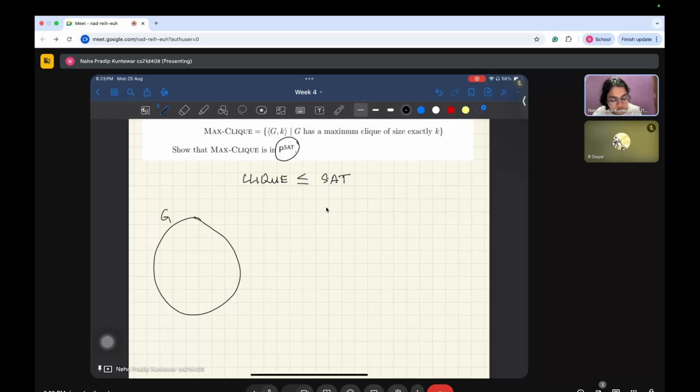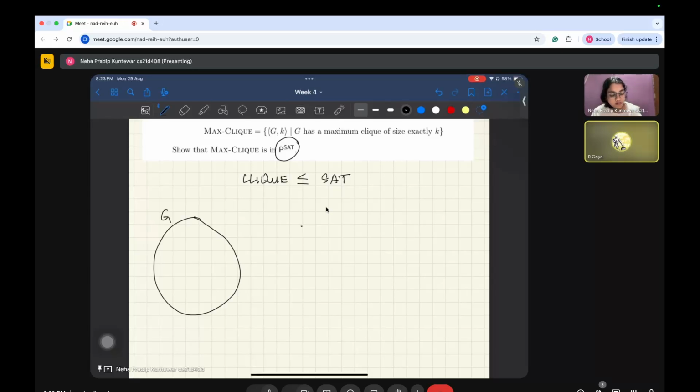Probably satisfiability will get reduced to click, because then we would like to show that click is at least as hard as the satisfiability problem. And since satisfiability is complete, we then show that click is NP complete.